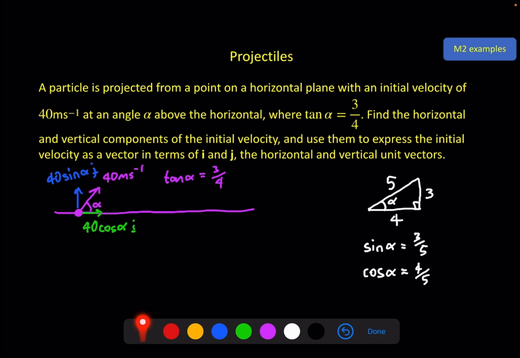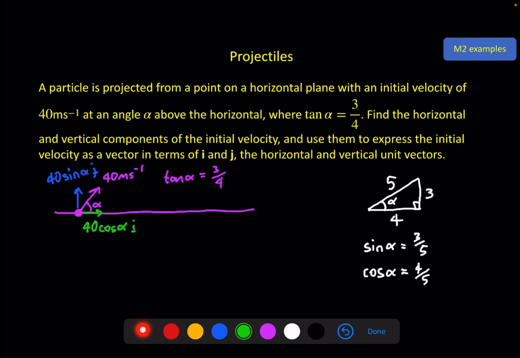Now all of that is an aside to say that we know cosine of alpha as an exact value. And if you did the inverse tan of this to find 36.869897... and put that into the cosine on your calculator, you probably would not get this exact value coming out. I certainly wouldn't on my calculator, but doing it this way tells me that this is exactly 4/5.